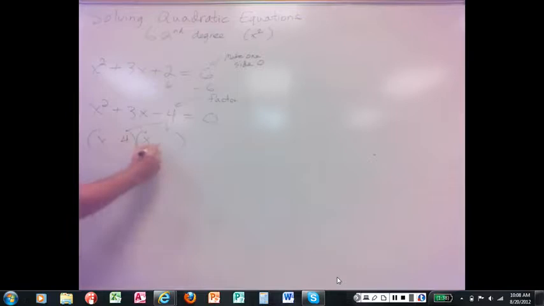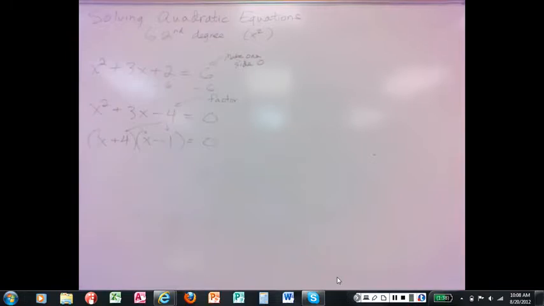And since it's minus 4, one of them's negative, one of them's positive. And since it's plus 3, it'll be a positive 4 and a minus 1. Okay? So a little bit of factoring there. If I FOIL that back out, it gets me the trinomial that I started with.